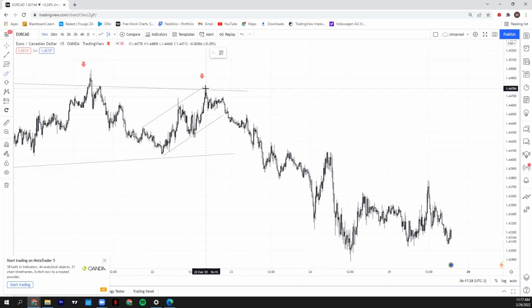As you can see from this point right here, this was an impulse correction, and that's what we have right now, impulse correction. So this correction was just a sweet spot for us.